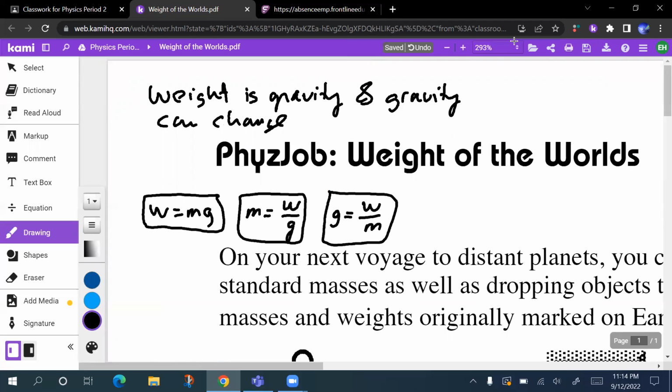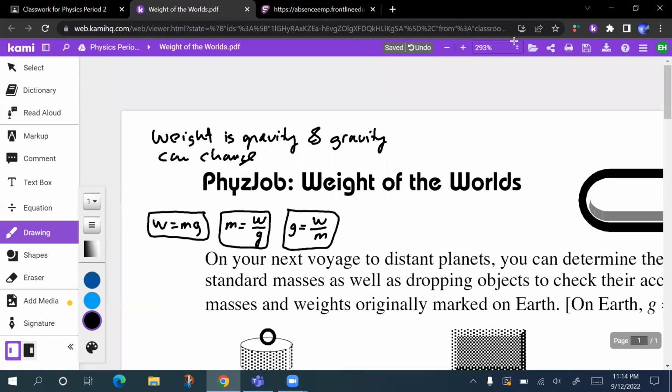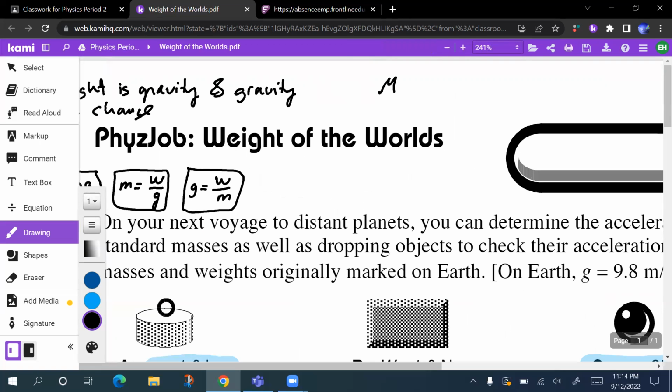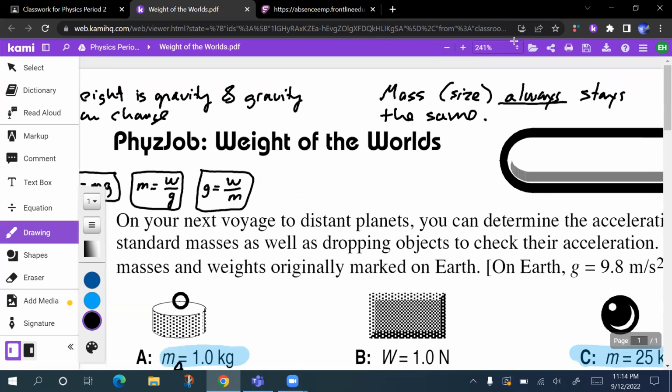Bigger objects are going to have more gravitational pull than smaller objects. However, mass relates to the size of an object. It always stays the same. Mass will never change. The size of an object will never change.